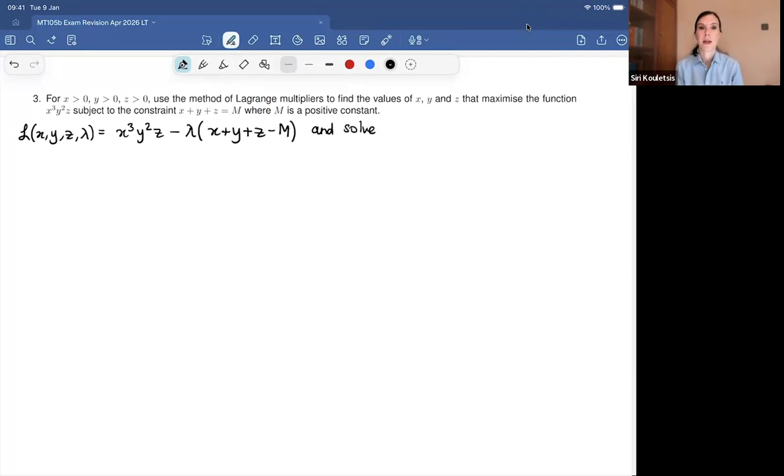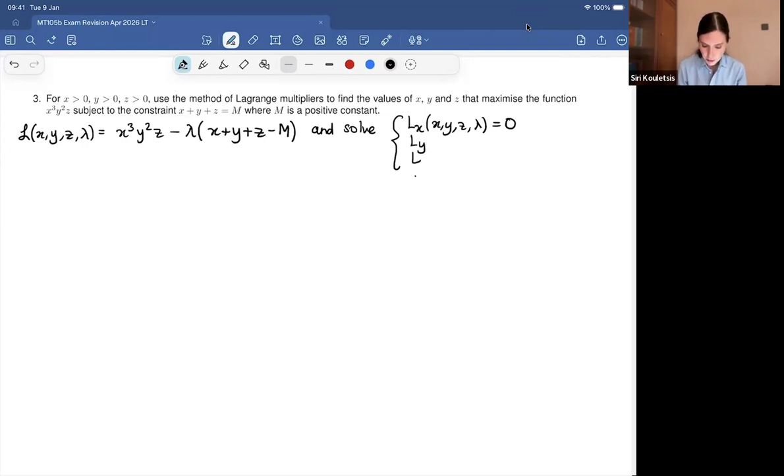I also like to write down in general terms what we now need to solve, the so-called first order conditions. And so we need to find all the first order partial derivatives of the Lagrangian. In general, these are functions of x, y, z, and lambda, and then we set them equal to 0. I like this shorthand here where I just write L and then a subscript x for the partial derivative of L with respect to x.